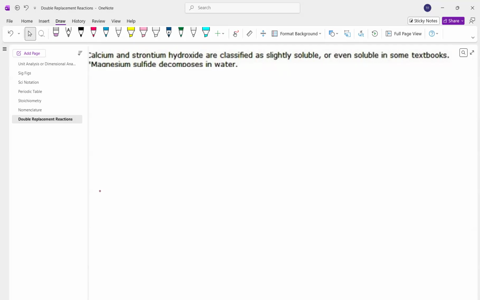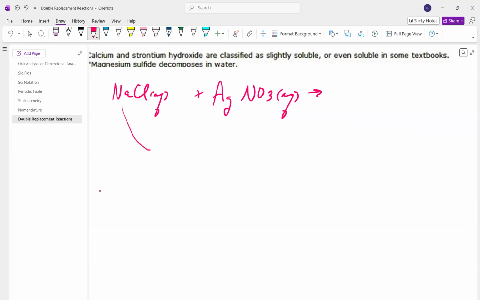Okay, so let's look at this reaction we just did. So we have sodium chloride, AQ. That means it's dissolved in the solution. Same with the silver nitrate. Now, the new combination is basically we're going to swap out the cations, or you can swap out the anions.